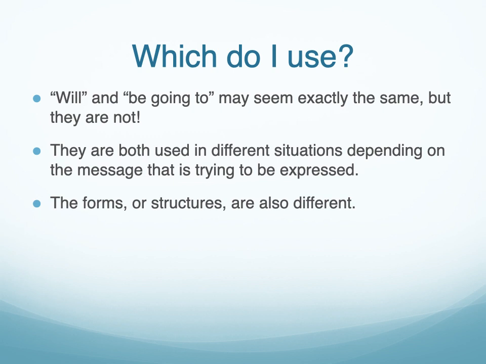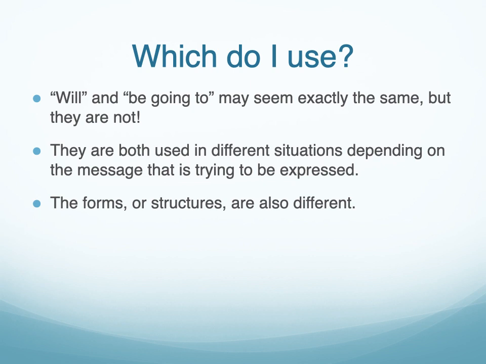The first question that we need to answer is, which do I use? So will and be going to may seem exactly the same, but they're not. They're both used in different situations depending on the message that is trying to be expressed. Or in other words, it depends on what you're trying to say.